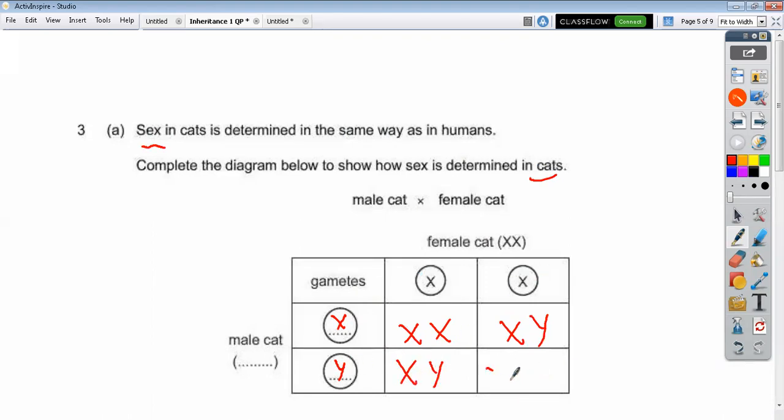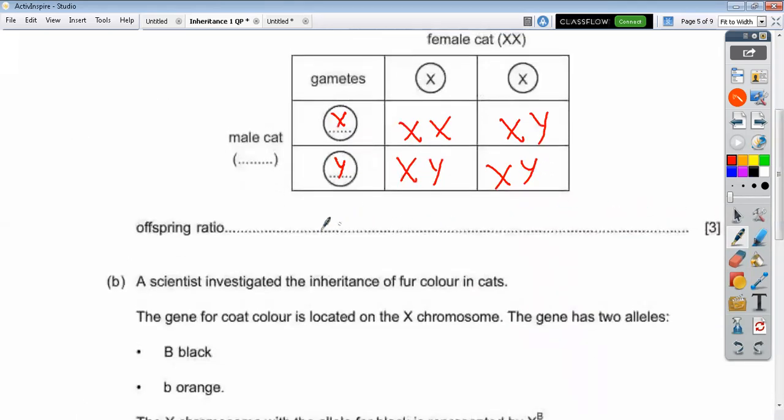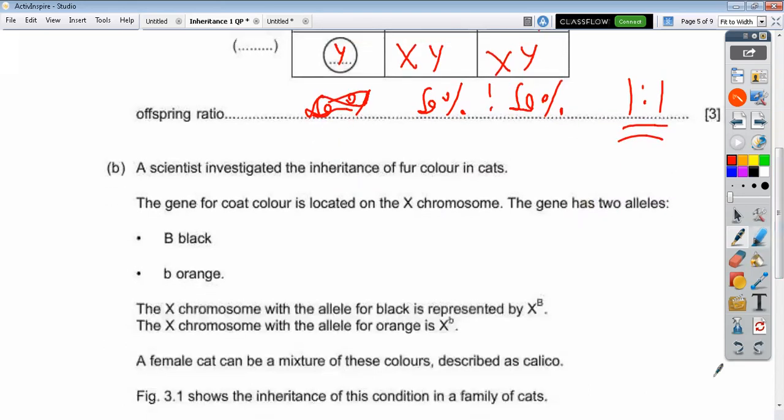Combine that with that, XY. Because it's the same. Clear? So the ratio is 50%, 50%, or otherwise simply 1:1. Are we together? Clear?